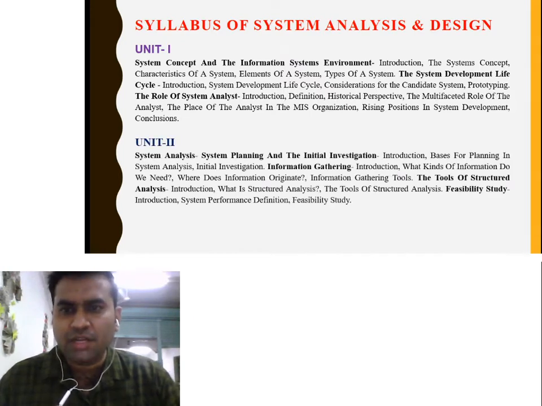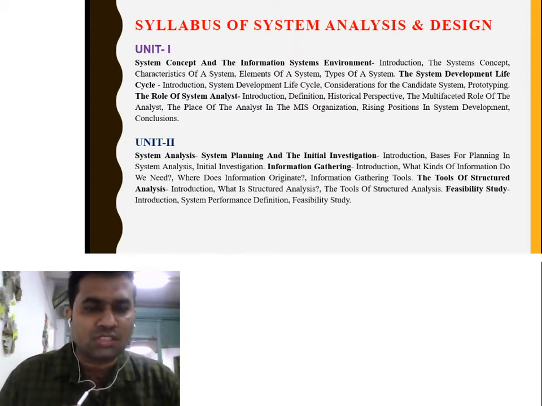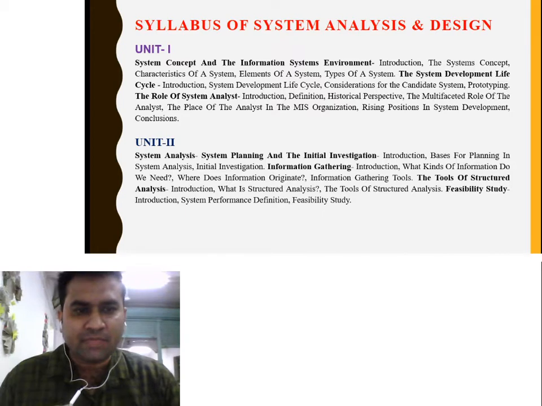In the second unit, system analysis and system planning: how to plan for the system, how the initial investigation is done for system development, the basics of planning in system analysis, initial investigation, information gathering, and the various tools used for information gathering and structured analysis.